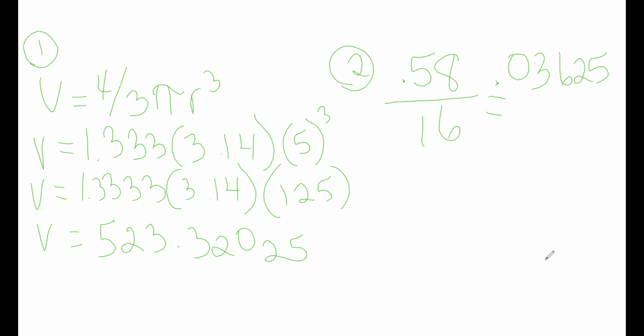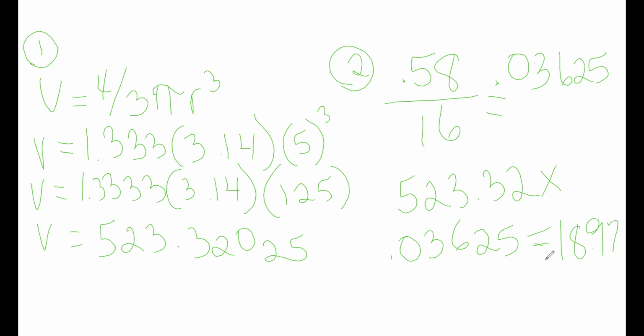So what you're actually going to do is multiply those two numbers together. So you've got the 523 point, whichever one you used, 0.32 or 0.33, times 0.03625. And you're coming close to which one? You're coming close to H.